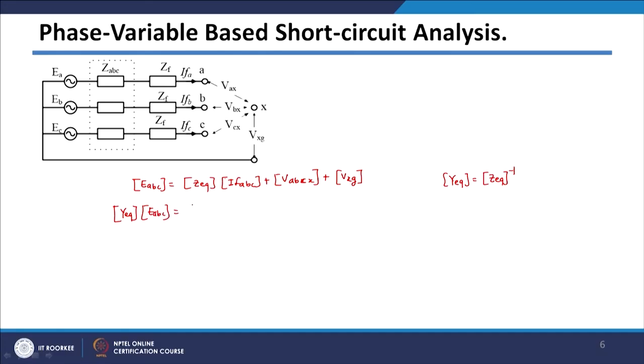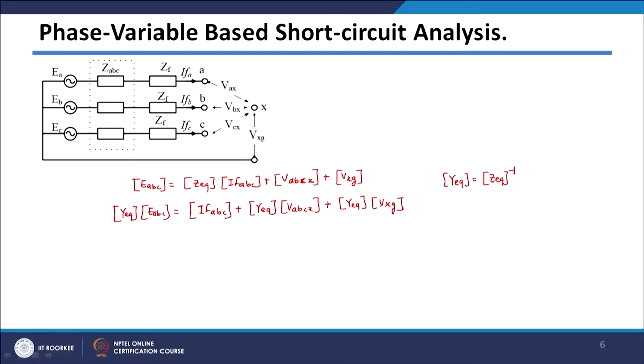Here this will get cancelled out, so it will be IF ABC plus Y equivalent into VABCX plus Y equivalent multiplied by VXG.